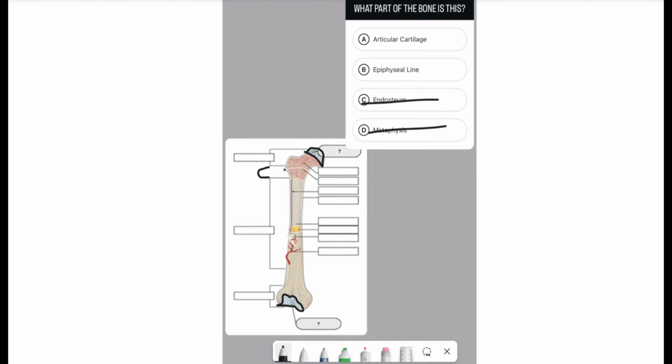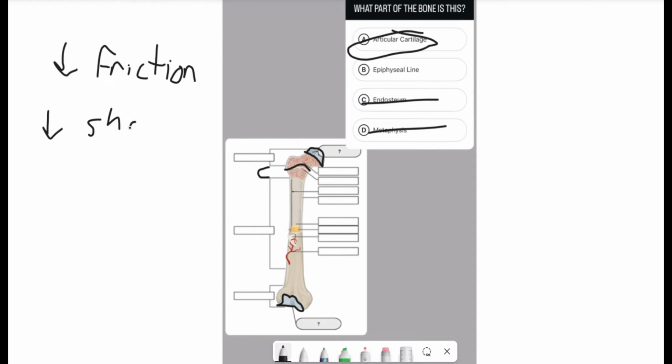Epiphyseal line, it's going to be your line right there. Do you remember what the functions are for your articular cartilage? To lower friction and reduce shock. Makes it easier on the bone if you ever have something happen to you.